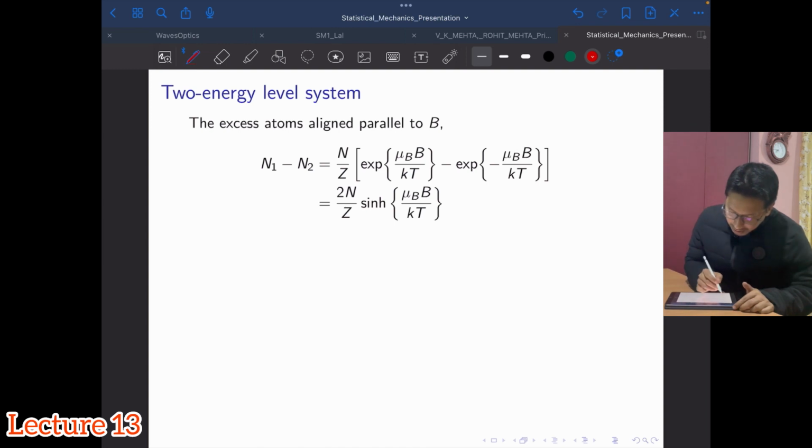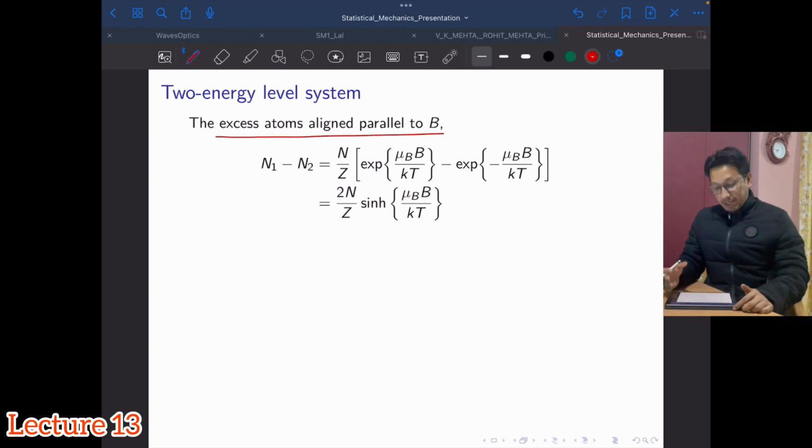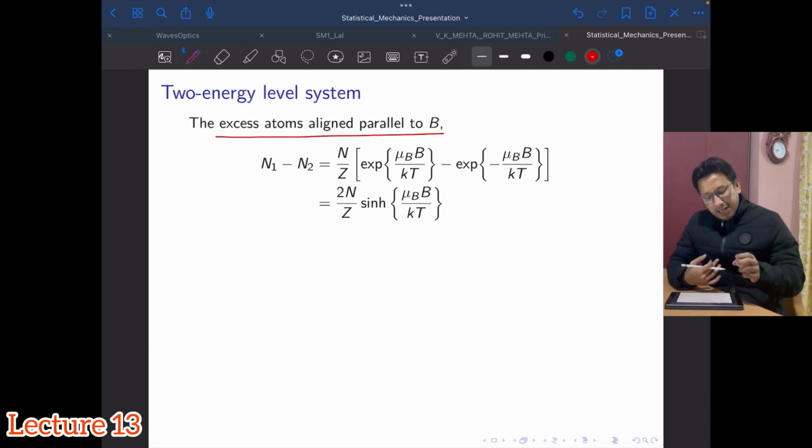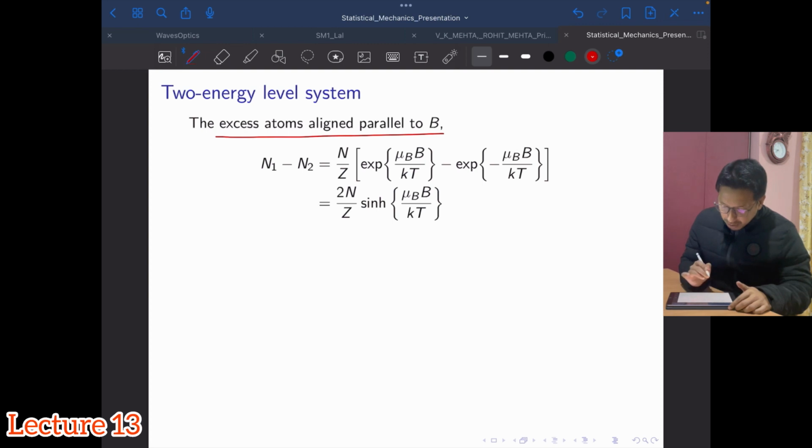So let's calculate the excess atoms which are aligned parallel to B. N1 atoms are aligned parallel to B, and N2 is the number of atoms which are anti-parallel to B. If I do N1 minus N2, I will get the number of excess atoms which are parallel to B. So I simply substitute for that, and I end up getting this.